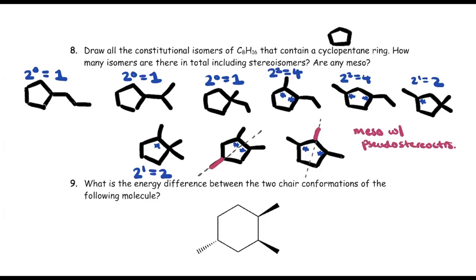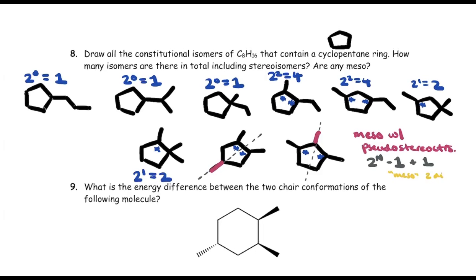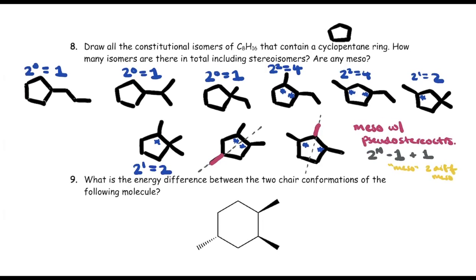Okay, so remember that for pseudo stereocenters, the way that I would do it is that I would do 2 to the n, then I would do -1 for the fact that it's meso, but then I would actually add 1 back in because you have 2 different meso possibilities, as opposed to just 1.